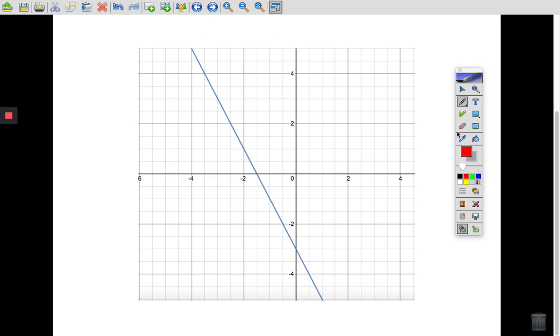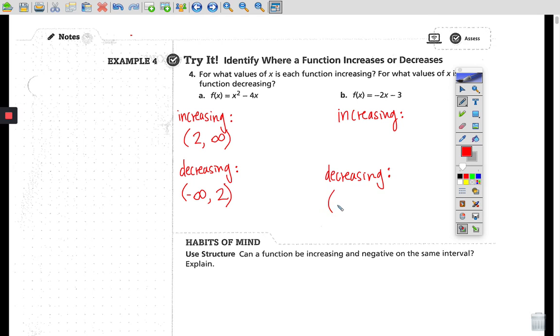If I look at this graph and I start on the left side, do I ever have a change of direction? Oops, I can't draw a straight line. I can't even trace a straight line. No, I'm just going down the whole time, right? You see how I'm continuously decreasing, right? This graph never goes up, does it? So I'm just decreasing from negative infinity to positive infinity. Well, when do we increase? I just wrote never.